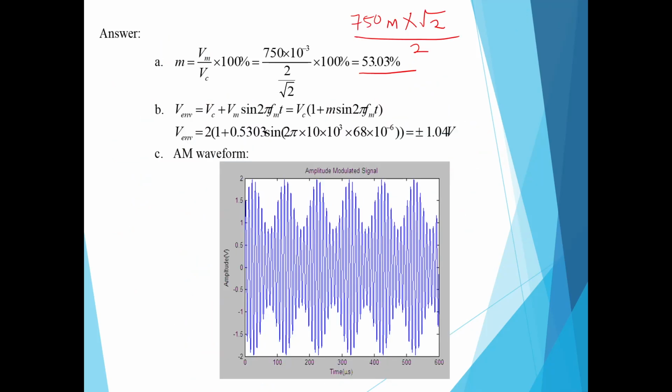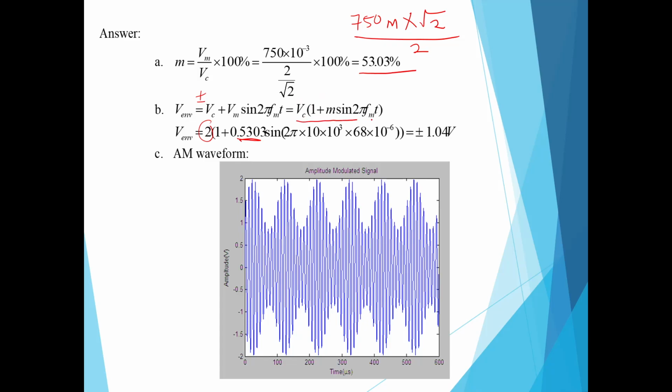The envelope equation is Vc plus Vm sine 2 pi fmt. Actually here you need to write plus and minus, because we have upper and lower. You need to put in the values. This 2 is Vc, and then in brackets 1 plus m.